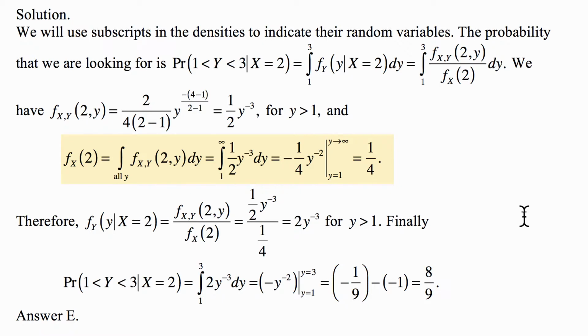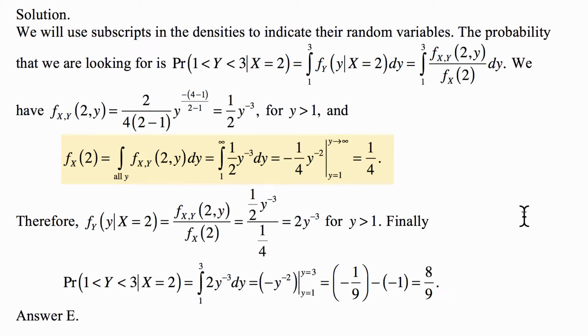Minus 1/4 comes from 1/2 times 1/2. Negative 1/2 times 1/2. And that becomes 1/4 after we evaluate it from 1 to plus infinity.